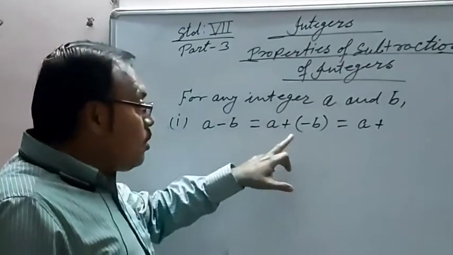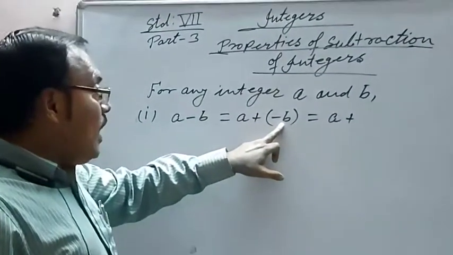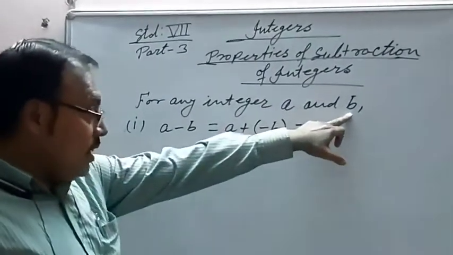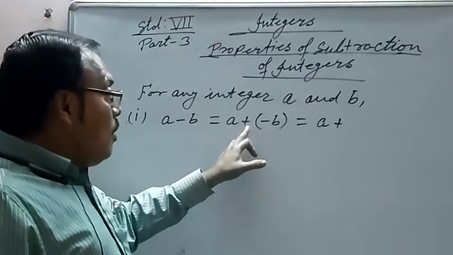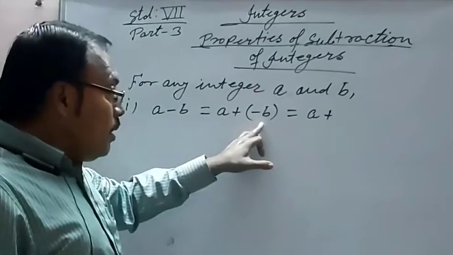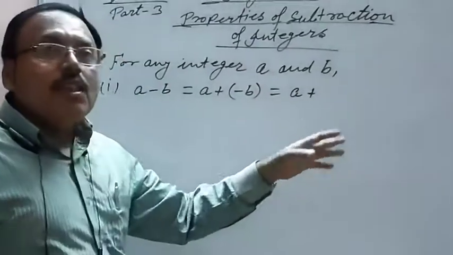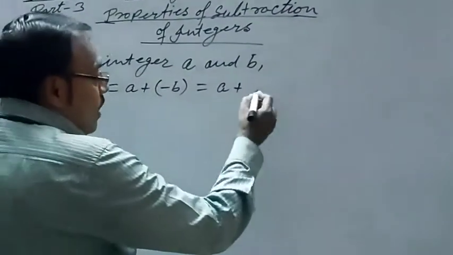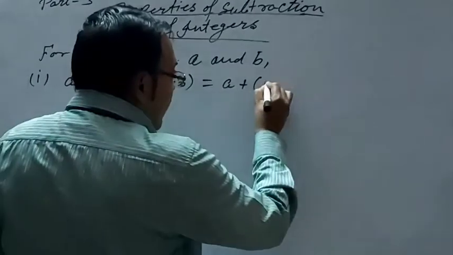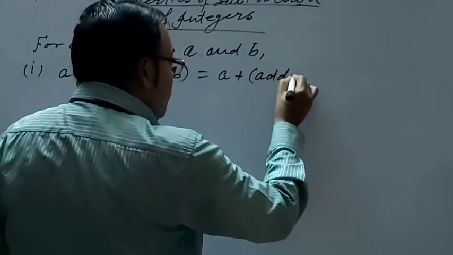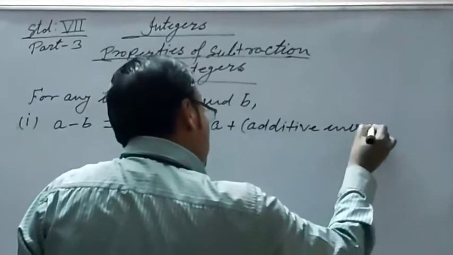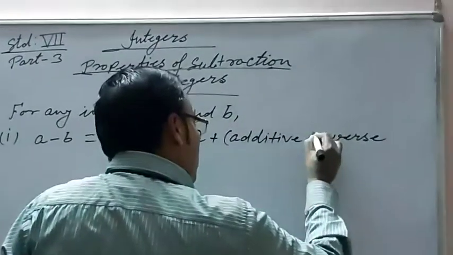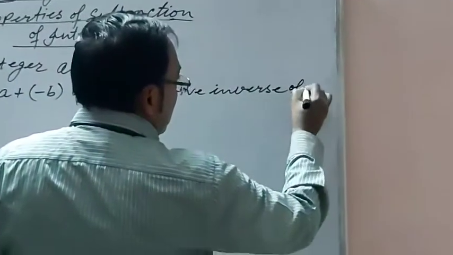So here A plus minus B means we add the additive inverse of B. So A plus additive inverse of B.